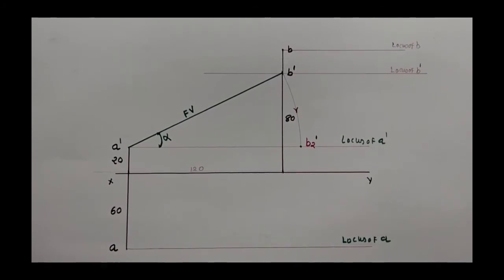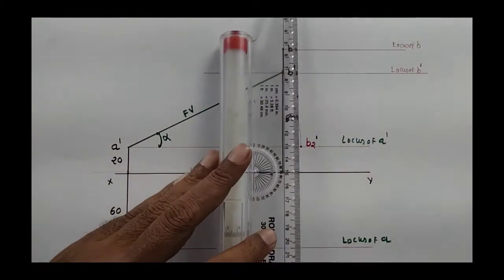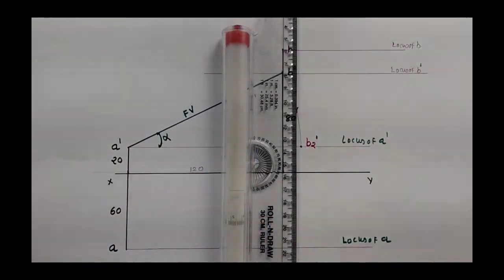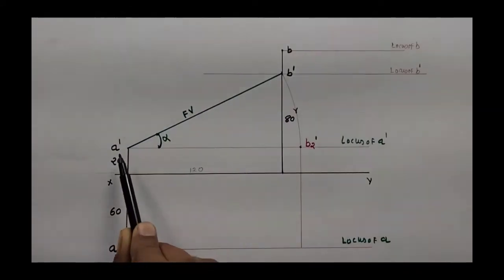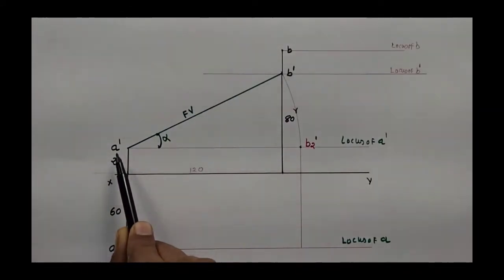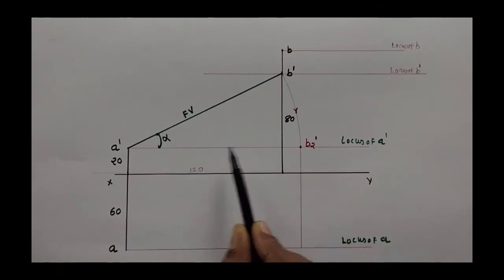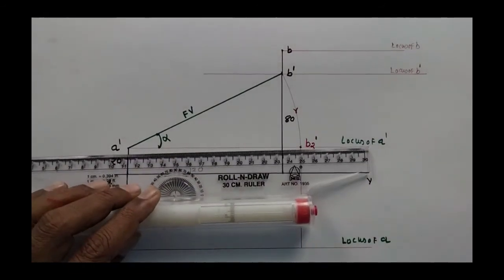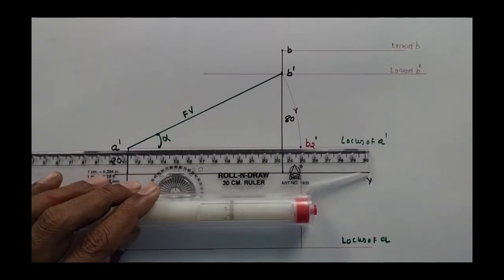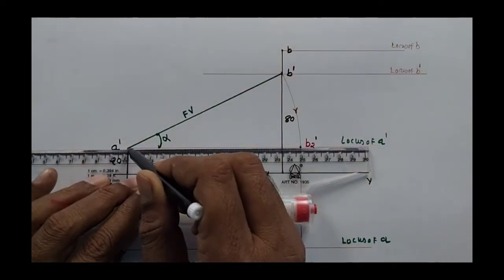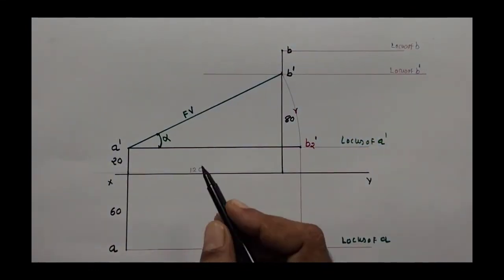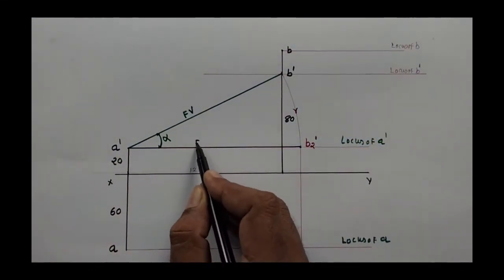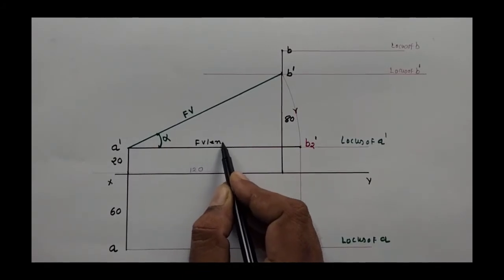Now join the first A dash to B2 dash. This is called our front view length.